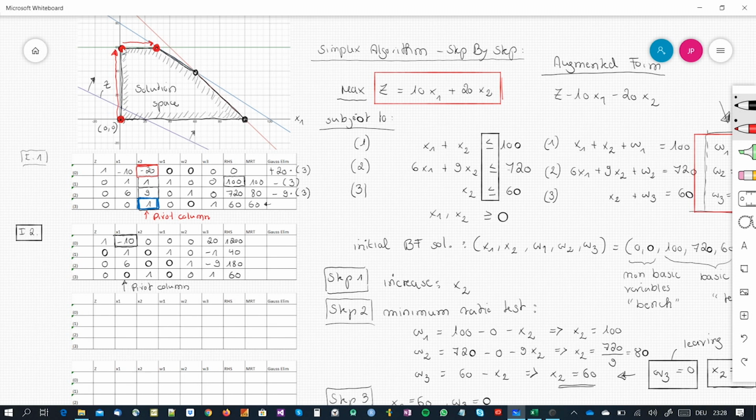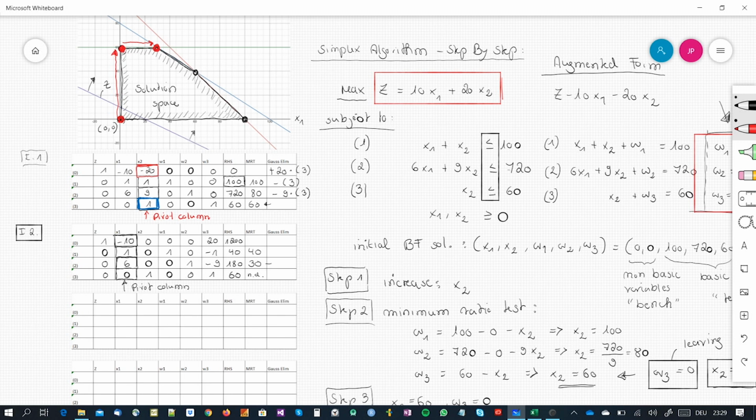So we take 40, the right-hand side of the first equation, divided by the element of the pivot column, which is 1. So 40 divided by 1 is 40. Then for the next one, 180 divided by 6, and this is 30. And then for the third constraint, we have 60 divided by 0, which is not defined. So we don't have to regard it, or in other words, we can ignore it.